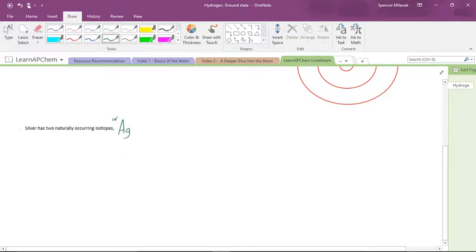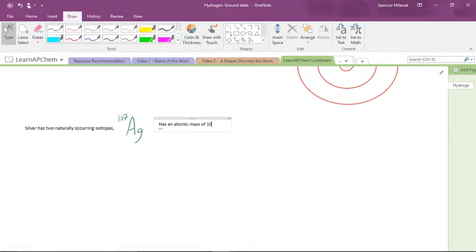Ag-107 has an atomic mass of 106.91 AMU and accounts for 51.82% of silver atoms.